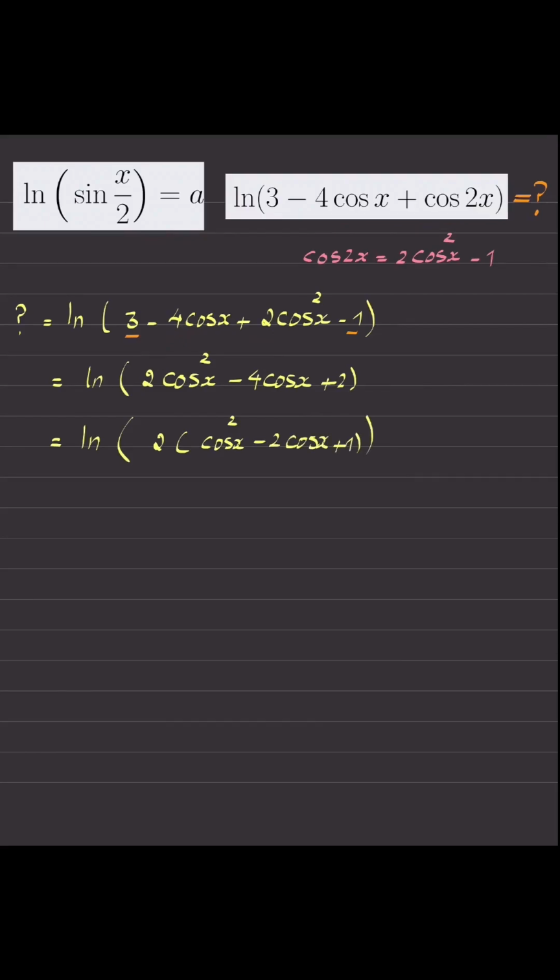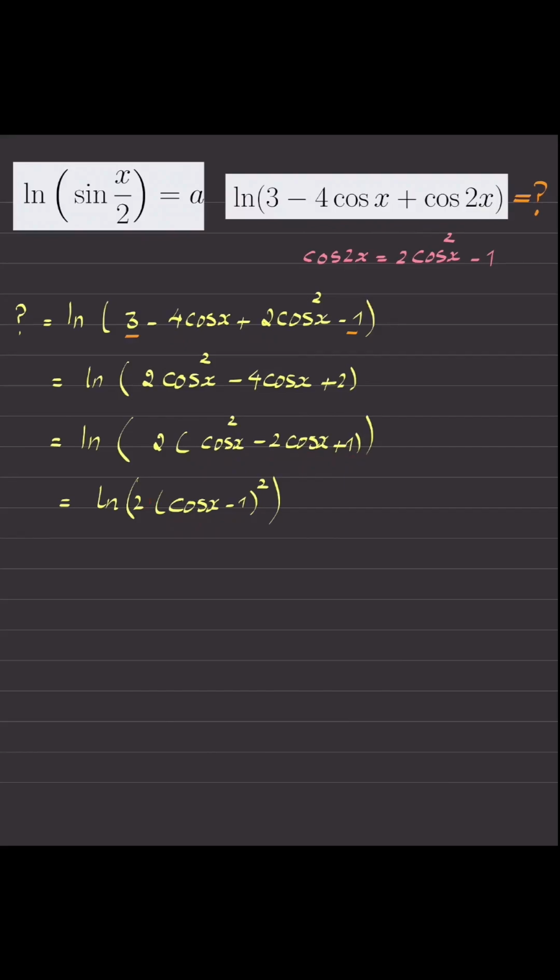Hopefully you recognize the squaring pattern here. So I can write it as ln of 2 multiplied by cosine x minus 1 to the power of 2. Why is that? Because the first one squared is cosine x squared, 2 times the first one times the second one is the middle term, and the second one squared is this one. Now this is a product.